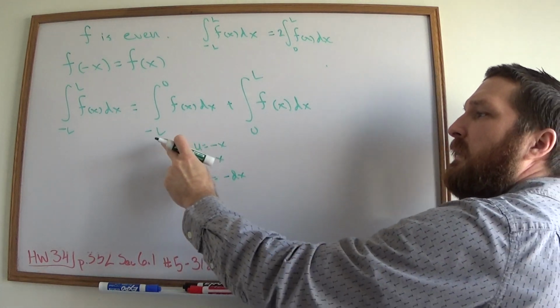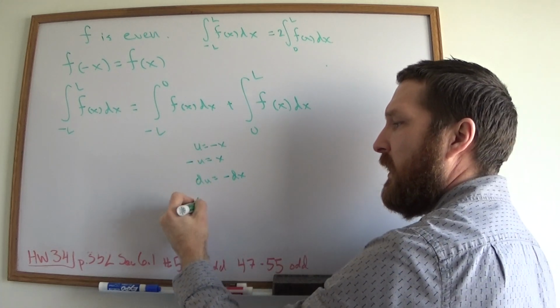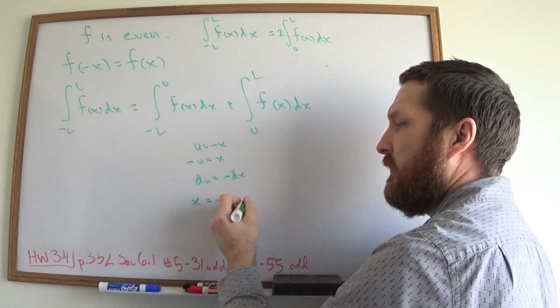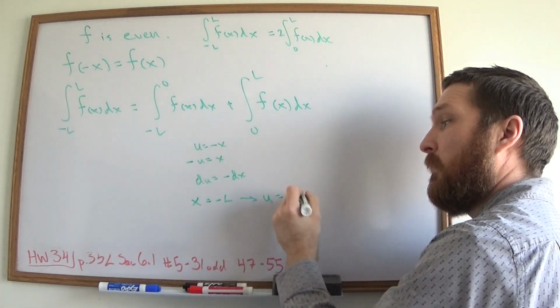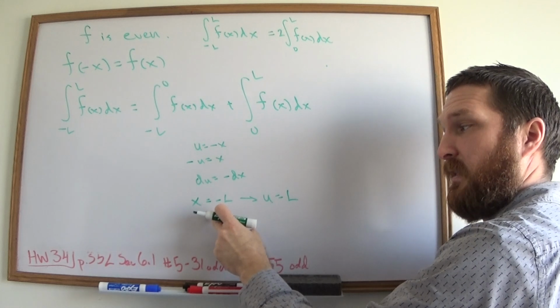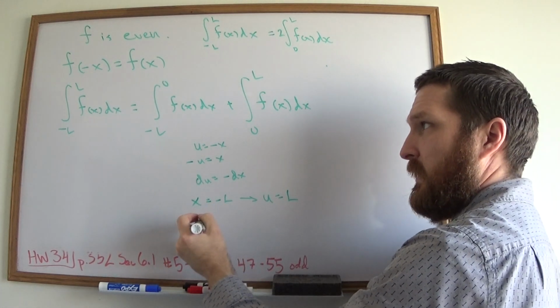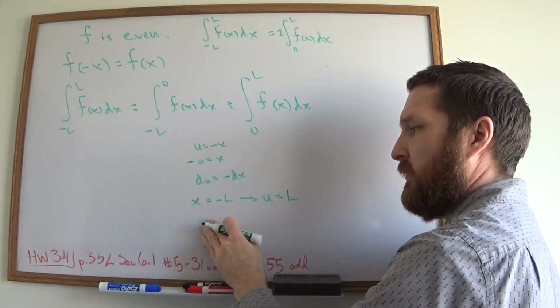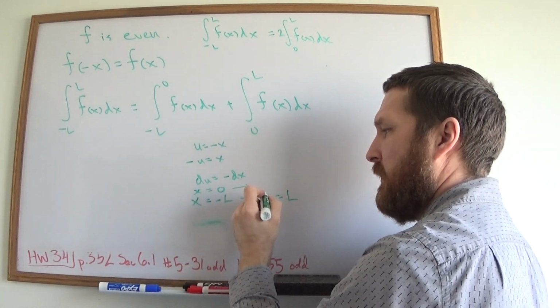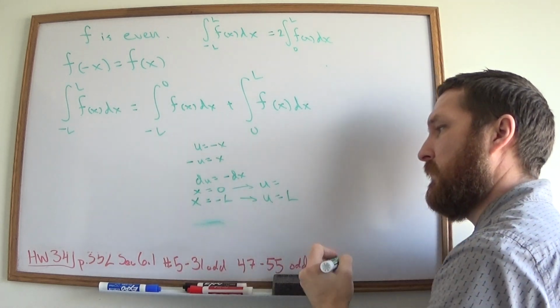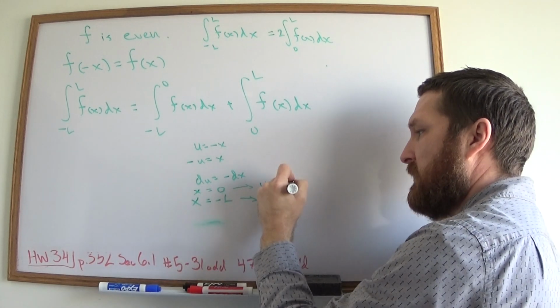Now, what does that do to my limits here? When x is equal to negative L, then u is equal to what? Positive L, because it's the negative of whatever that is. Okay, and when x is equal to 0, then u is equal to negative 0, or it's still just 0.